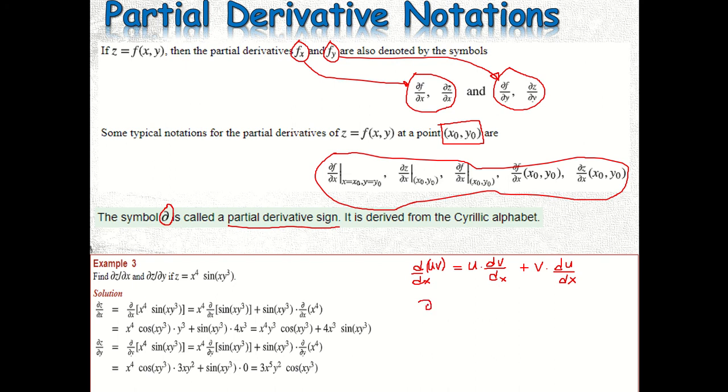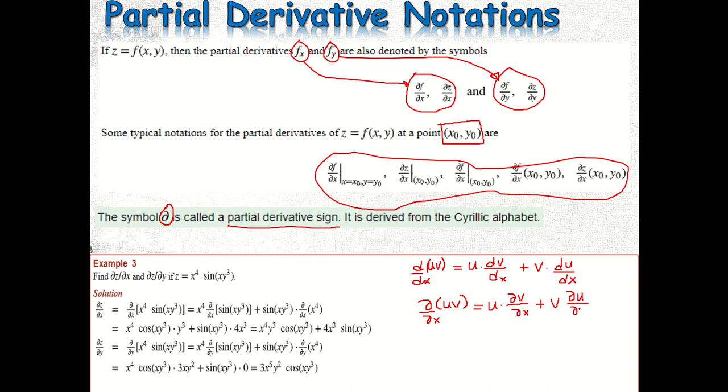The partial derivative of the product of u and v with respect to x is equal to u times the partial derivative of v with respect to x, then plus v times the partial derivative of u with respect to x.